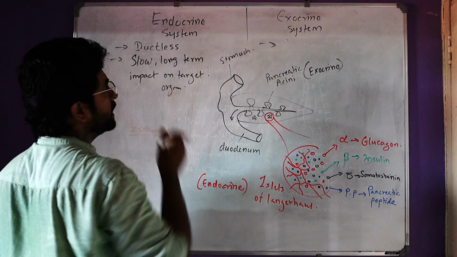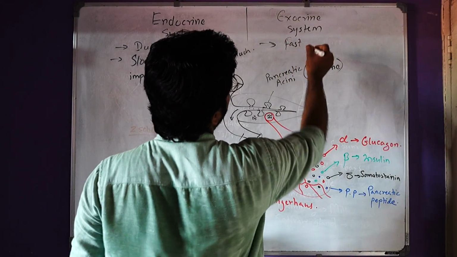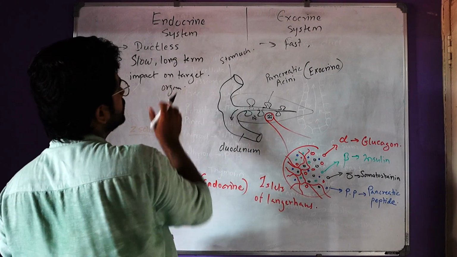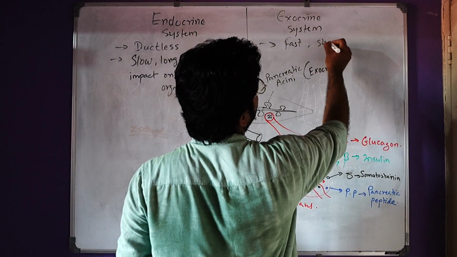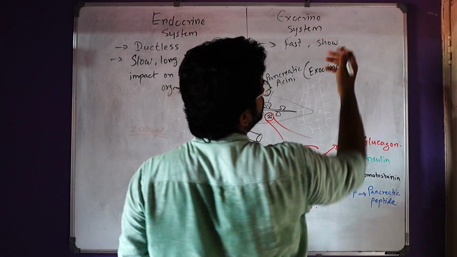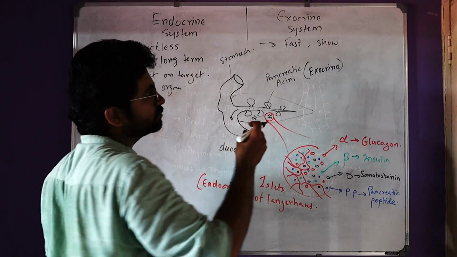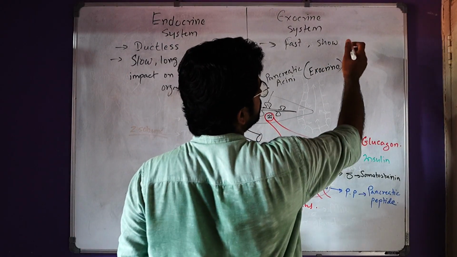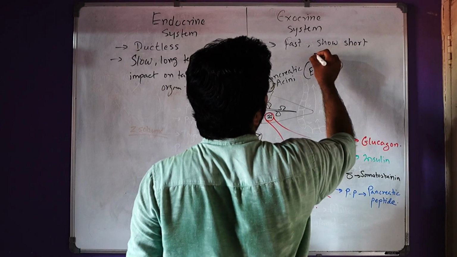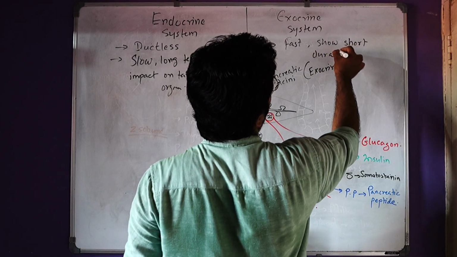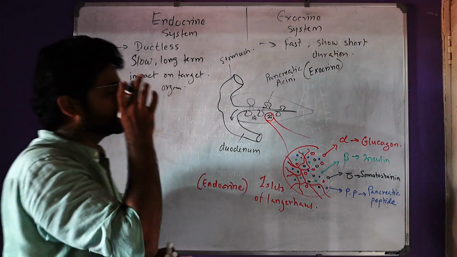Whereas exocrine system is relatively fast, but the problem is it is not long-term. The target organ, on the arrival of secretion from exocrine gland, will perform its function for a short duration. So short-term impact we can say.